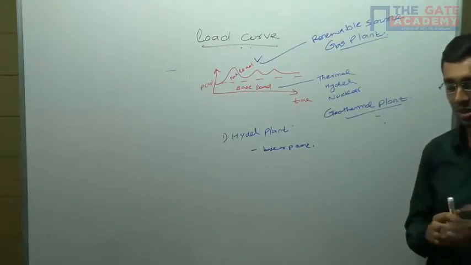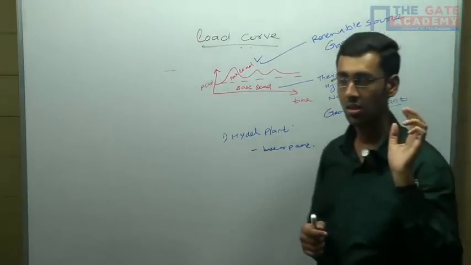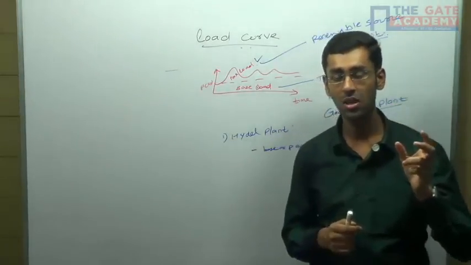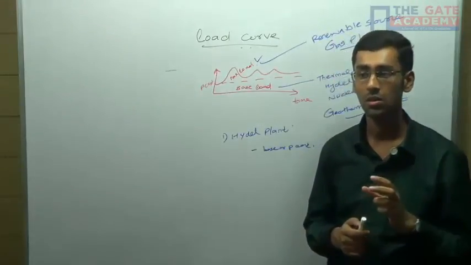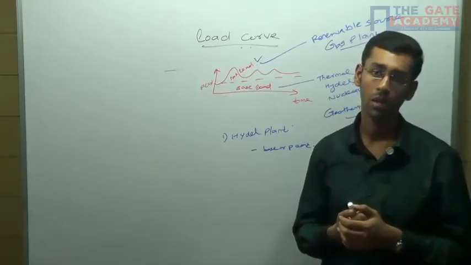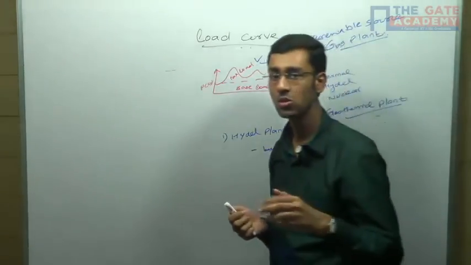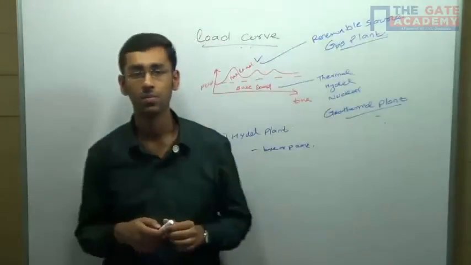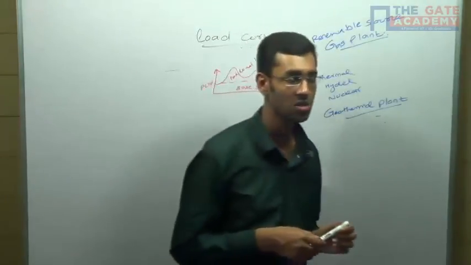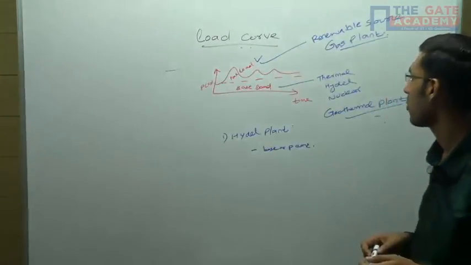But if there is no peak load in the options, that is, there is base, either base or peak, backup, or none of these, then the option will be backup. If there is peak in the option, you have to go for peak. If there is no peak, only then go for backup in the case of gas plant. So these are the things you have to remember in your mind.